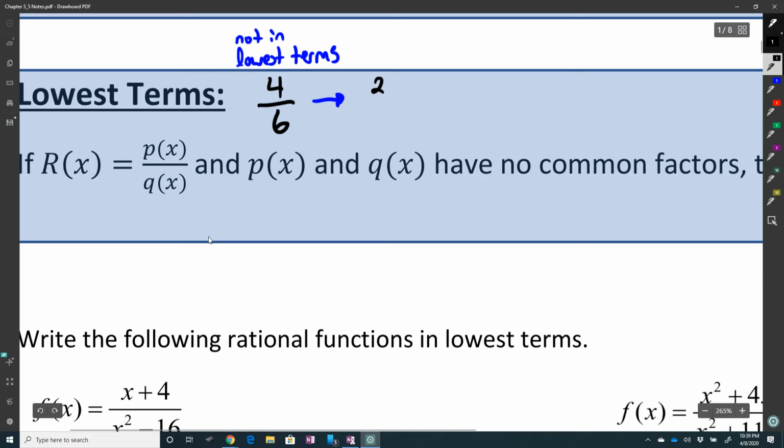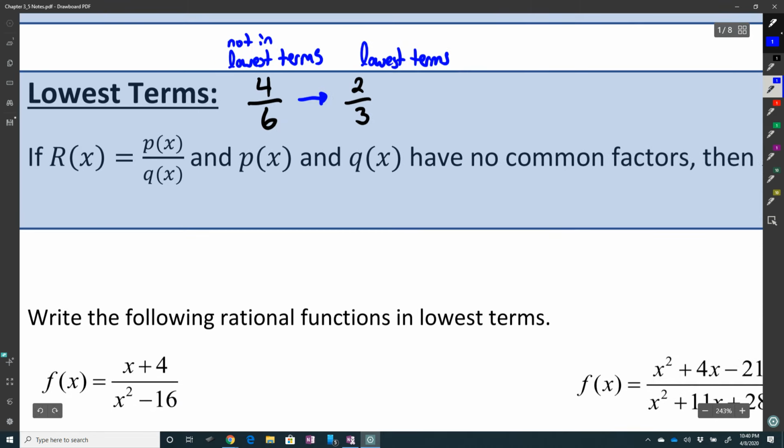And you simplify it into 2/3, and then it becomes lowest terms. Okay? So anyway, with that idea, it's going to be the same thing.